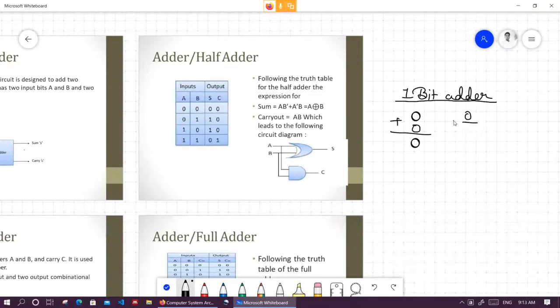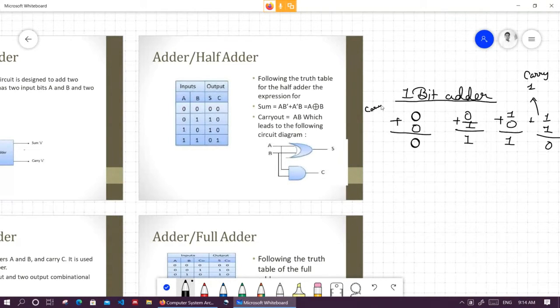Then the sum of 0 1 gives 1. When you are finding the sum of 1 0, it gives 1. And when you are summing 1 and 1, it gives 0 and an additional value 1, that is known as the carry.